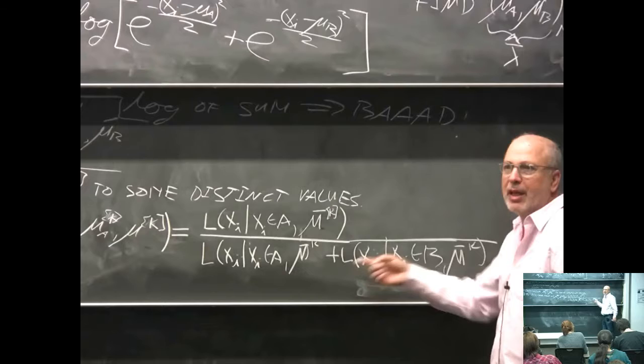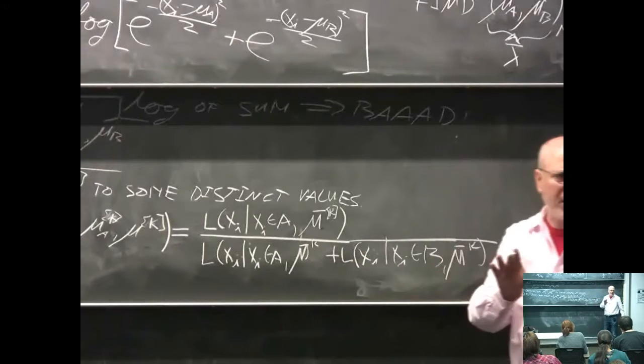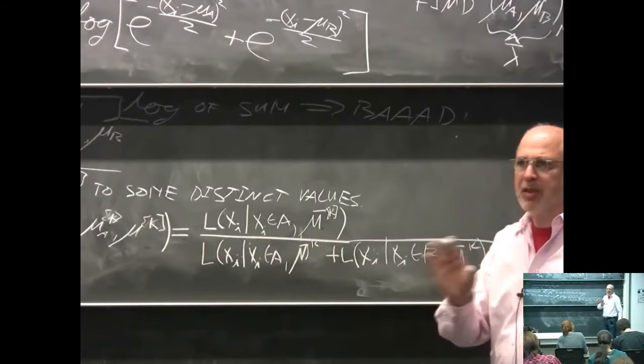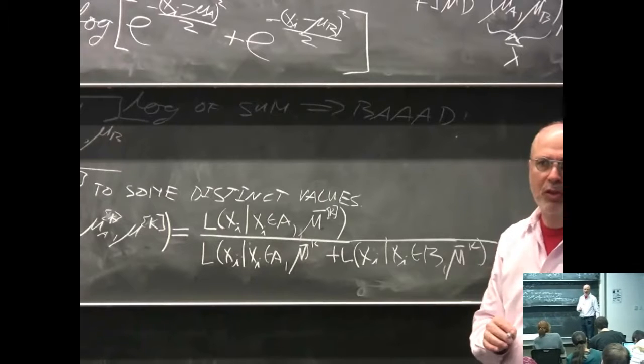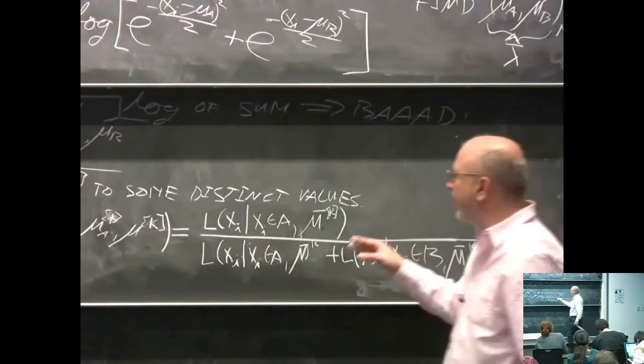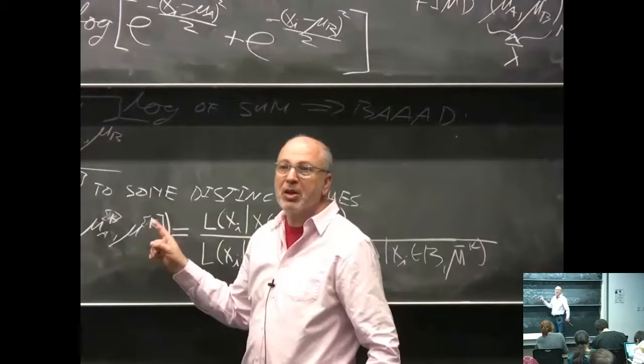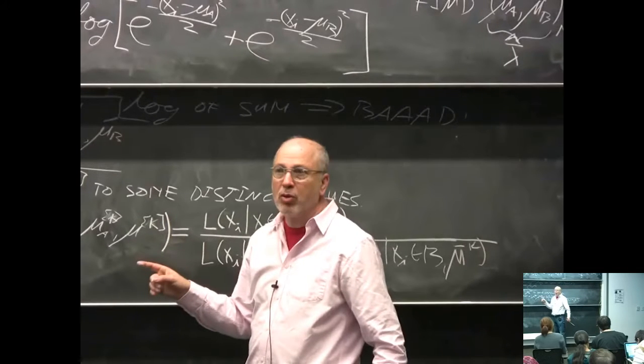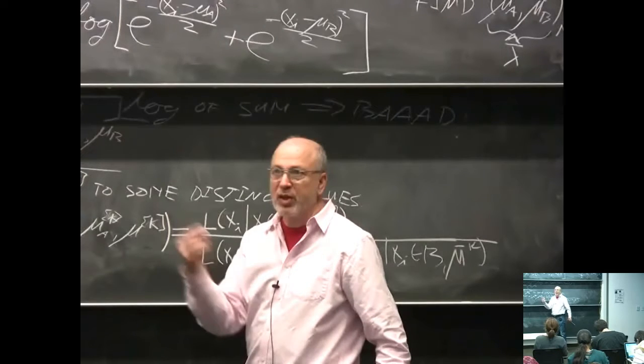Everything is based on the assumption that these are the correct values, which we know is not the right assumption. But it's based on my current tentative assumption about the true values of mu A and mu B. If we lived in a world where mu A and mu B were indeed these values, there would still be uncertainty as to which, A or B, resulted in the current xi.